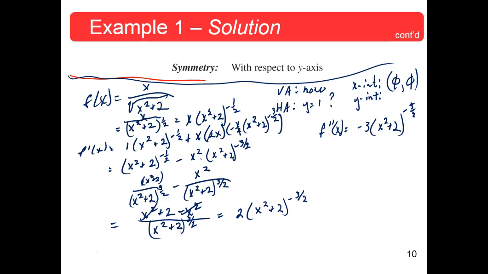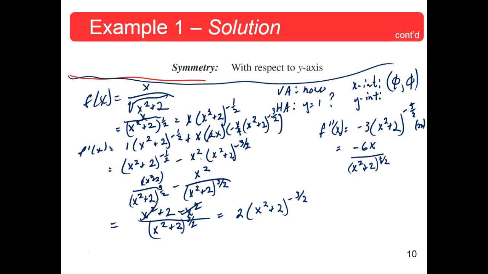But then you've got one more little step, which is? Yes, which is? 2x, okay, times 2x. All right, so writing that a little more reasonably, we would have -3 times 2 would be a -6x in the numerator over x squared plus 2 to the 5/2 in the denominator.